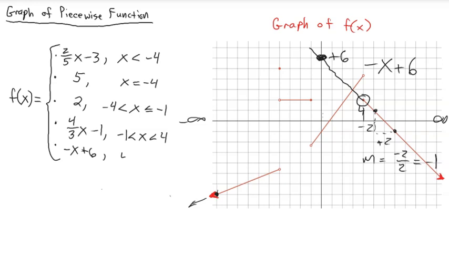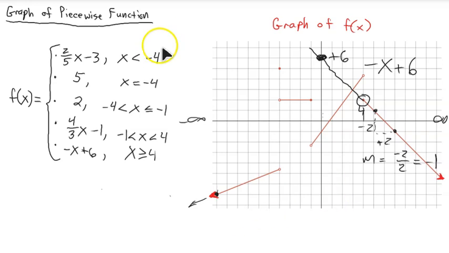So x is greater than or equal to 4, but I don't have to put the infinity in this format. Let me rewrite this, this is actually kind of ugly. This is for all values of x that are greater than or equal to 4. So I'm just going to say x greater than or equal to 4.